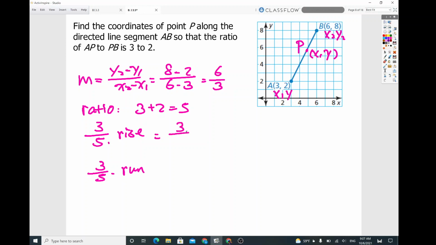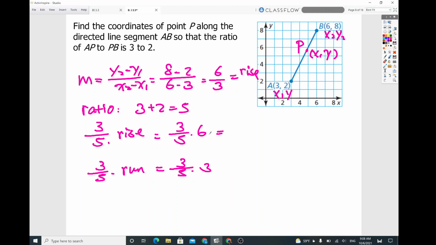So 3/5 times the rise, which is 6, and then the exact same major ratio multiplied by the run. The purpose of doing that is to find the increment, rise over run, so we can calculate point P.